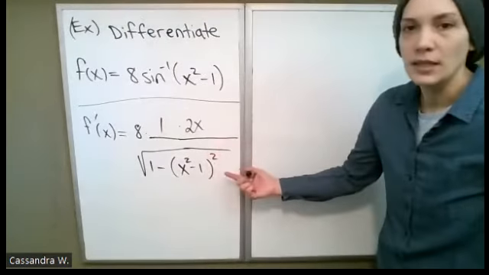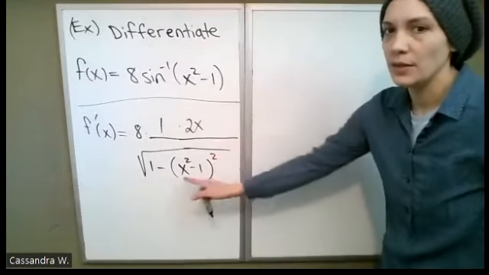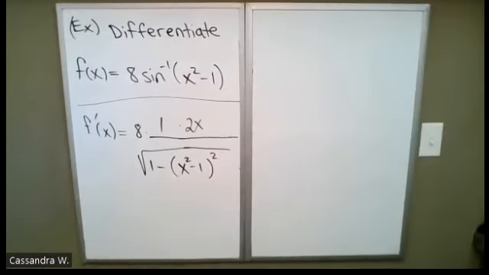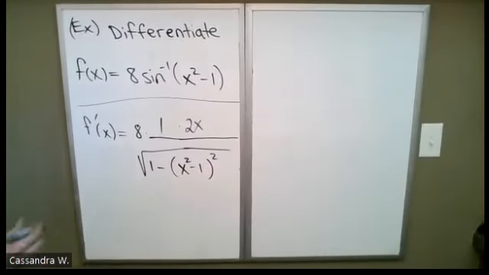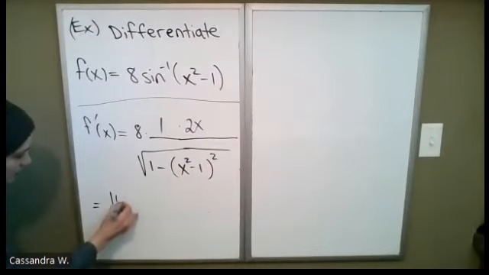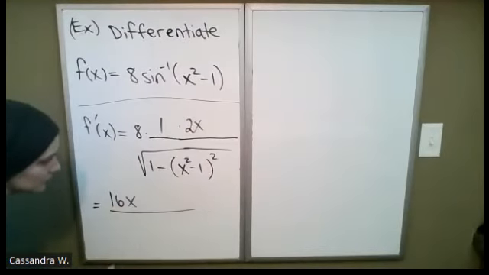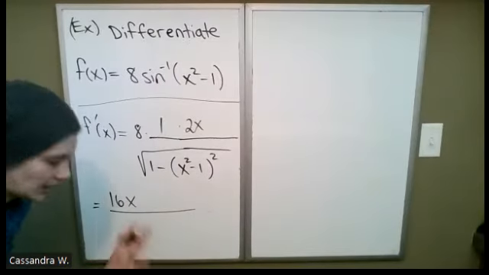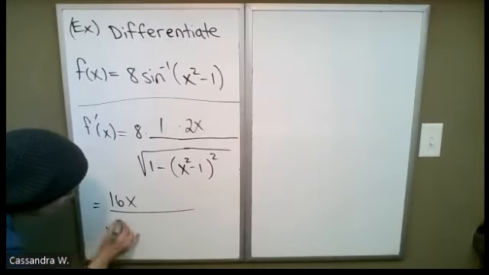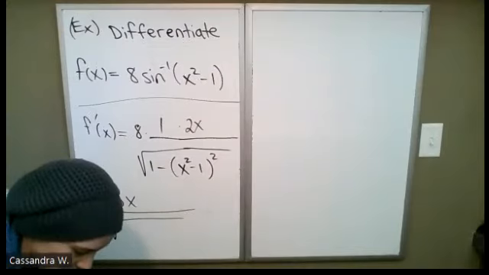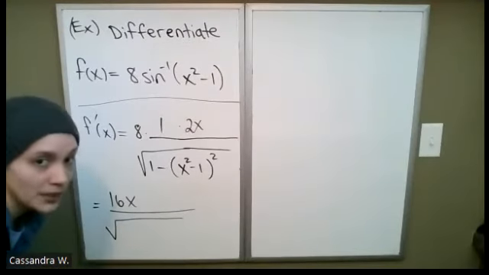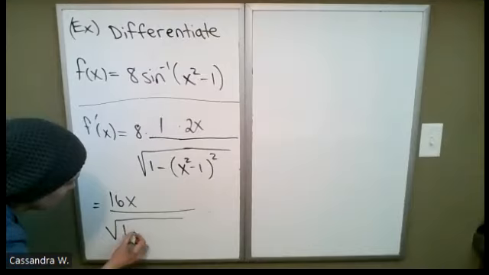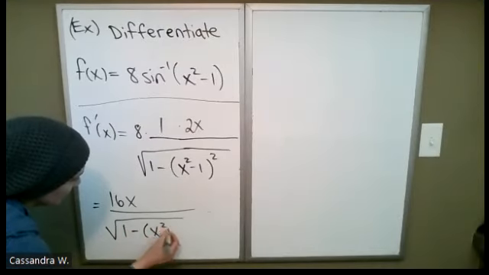Okay, so we have 16x over the root of 1 minus x squared minus 1 squared. I'm just going to leave that root how it is. You can simplify what's under the root, or you can just leave it. It's fine. I wouldn't mark it down if you just left it like this.